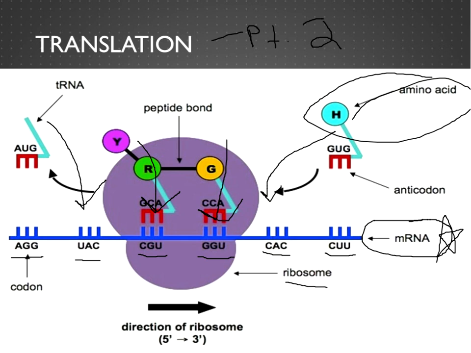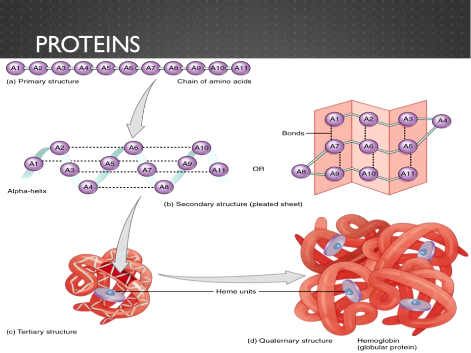So what I'm trying to tell you guys is, for translation, the messenger RNA code gets translated. The ribosome translates it. The tRNA transfers the amino acids over. And then you just have all these amino acids that are grouped together. And then finally, you have proteins.